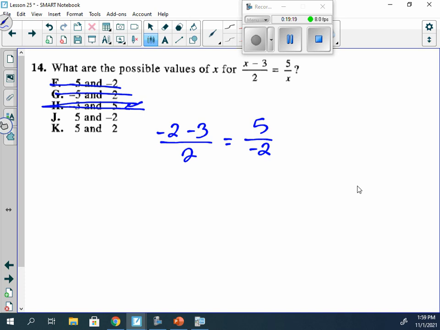Well, -2 minus 3 is -5 over 2. That doesn't simplify, so we have -5 over 2. Is -5/2 equal to -5/2? So the correct answer is J. Sometimes if they give you answer choices in an equation, just try plugging them in and see if one of them works.